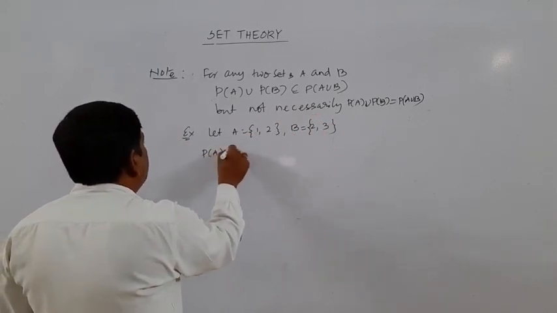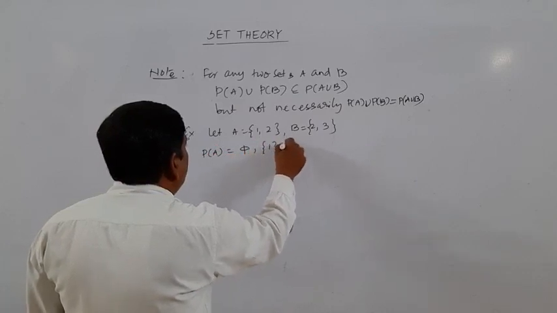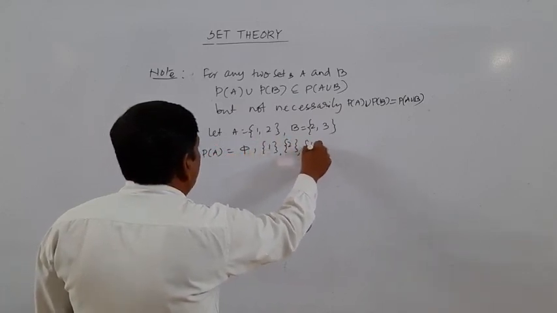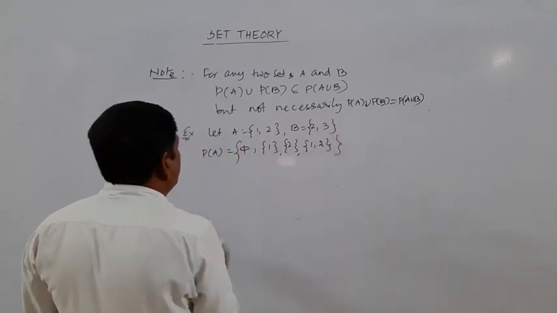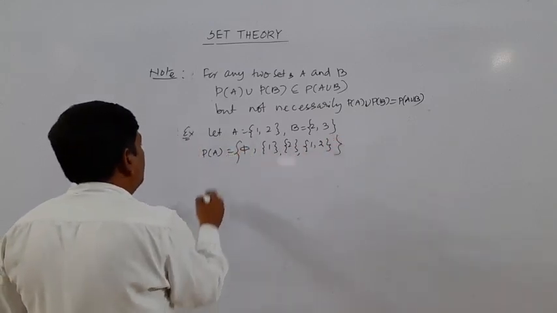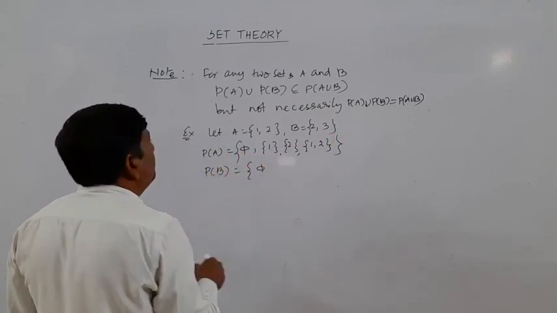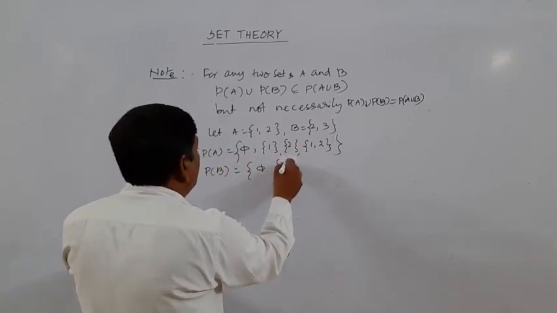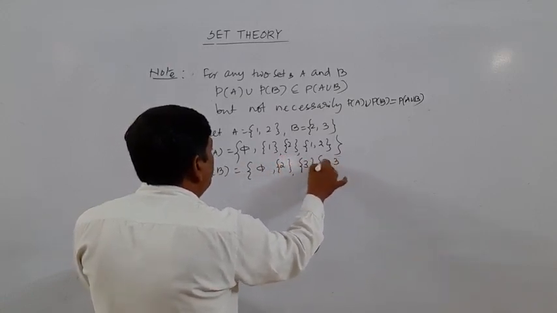P of A is equal to {∅, {1}, {2}, {1, 2}}. P of B is equal to {∅, {2}, {3}, {2, 3}}.